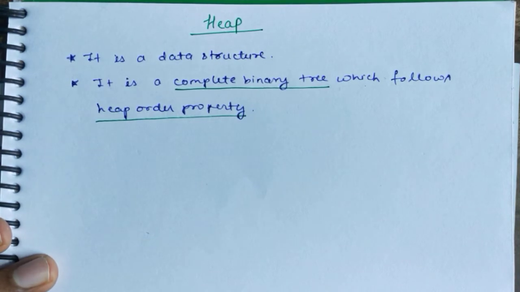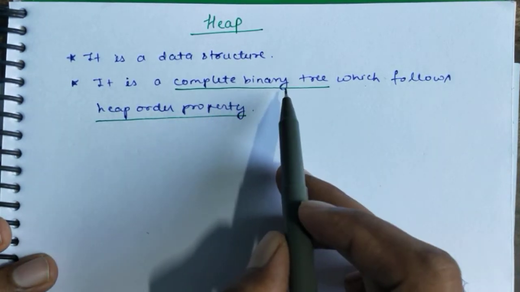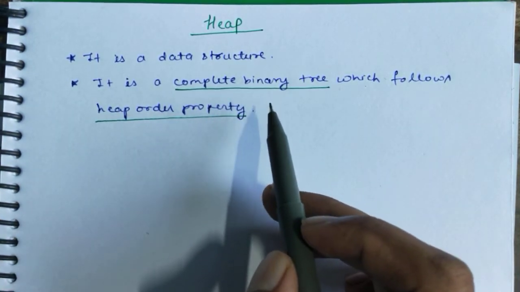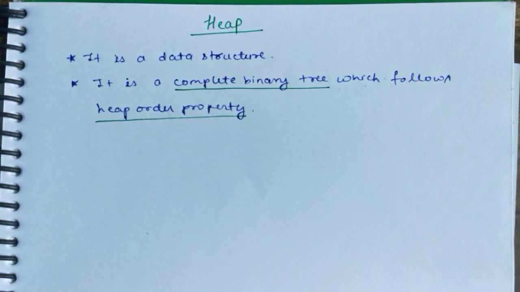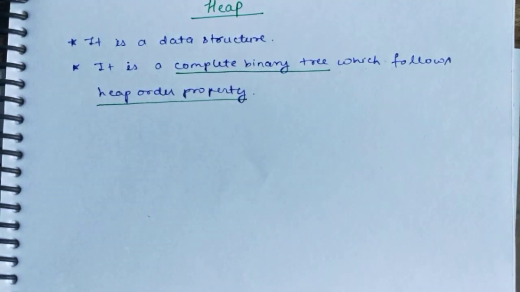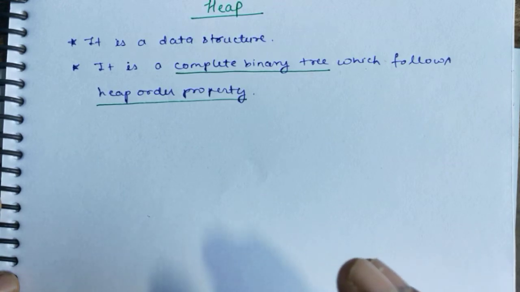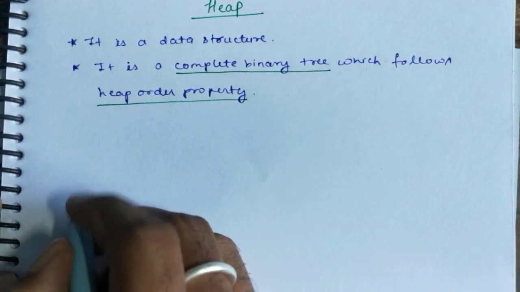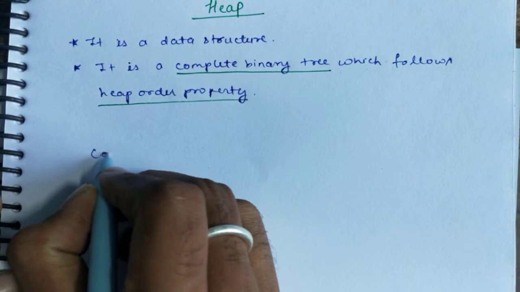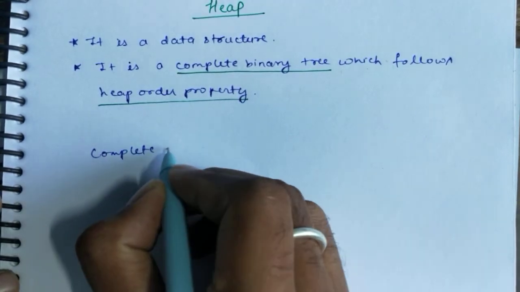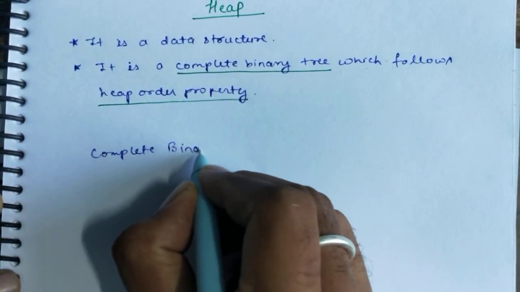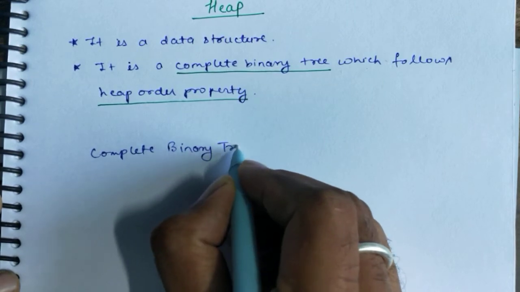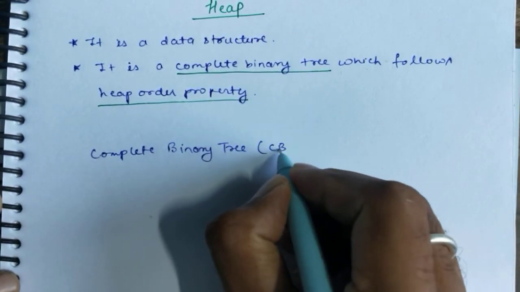So first of all we must know what is a complete binary tree. For that we must know what is a binary tree. So you must be knowing that binary tree is a tree data structure in which all the nodes contain at most two child nodes. So complete binary tree, in short it is also called CBT.